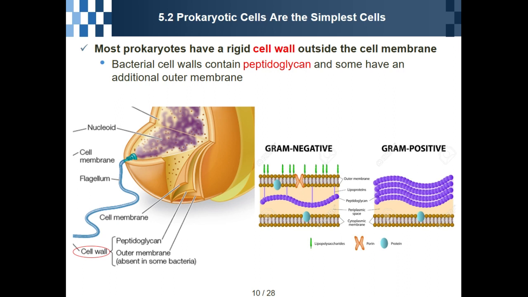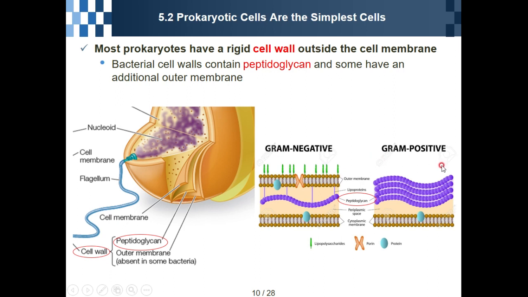For example, bacteria cell walls. Let me show the detailed information of the cell wall. The bacteria cell wall contains a peptidoglycan layer. Bacteria are divided into two groups: the first is gram-negative, the second is gram-positive.